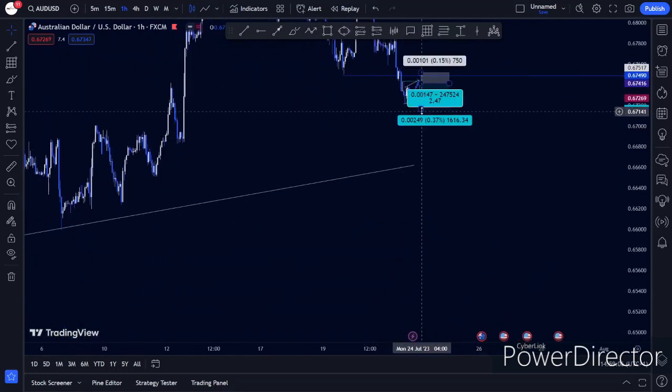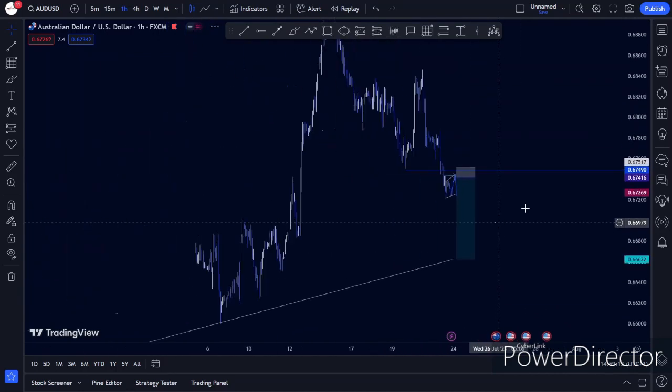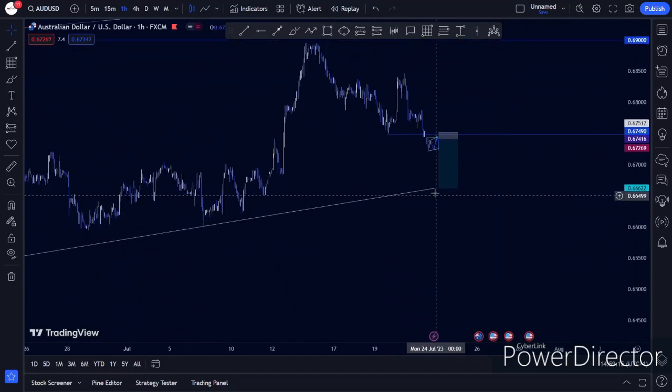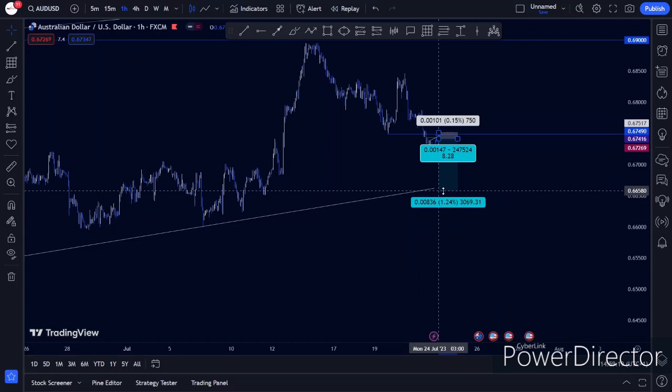So this is very, very possible. To this point here with 5.8%, and then to here with 7.86%. And if we eventually break, then this point of interest will be around. So it will be a fantastic position.